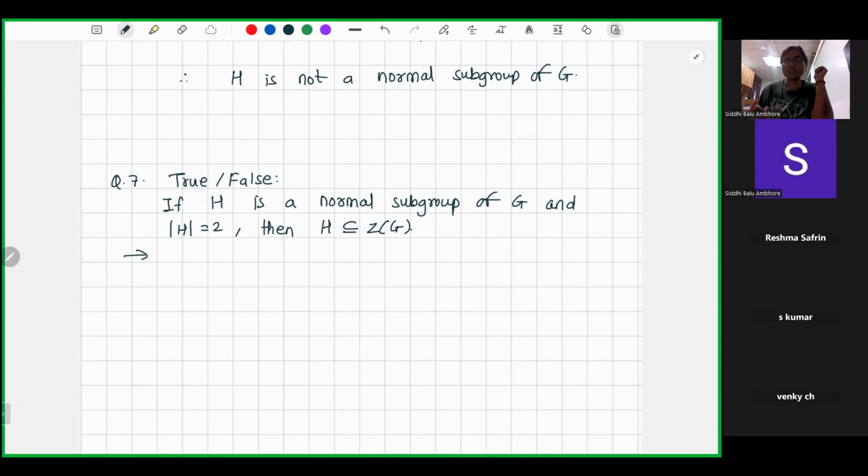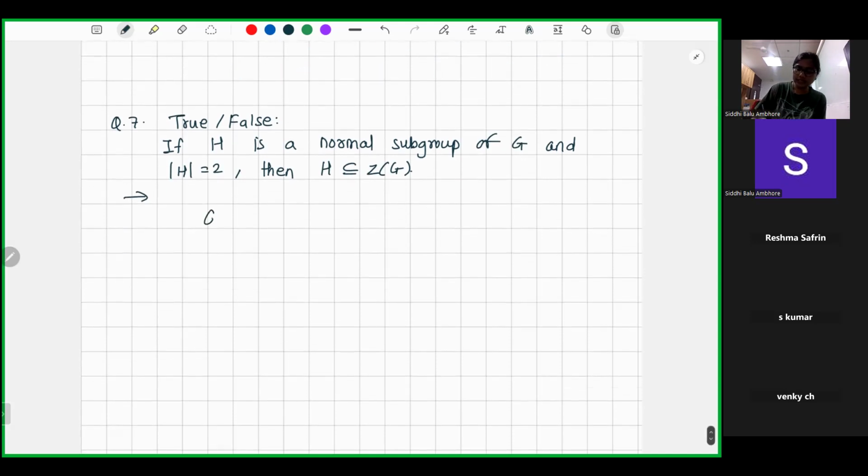That is, H is a subgroup of the center of my group G. This is the statement. So is this true or false? Or what do you think?